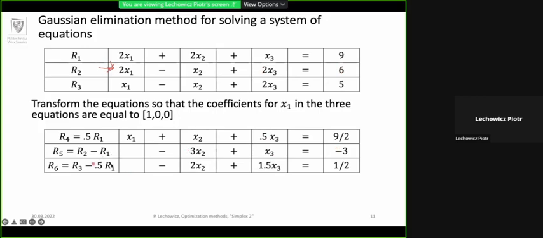And for the third equation, we need to subtract from third equation, first equation divided by 2, or this fourth equation.